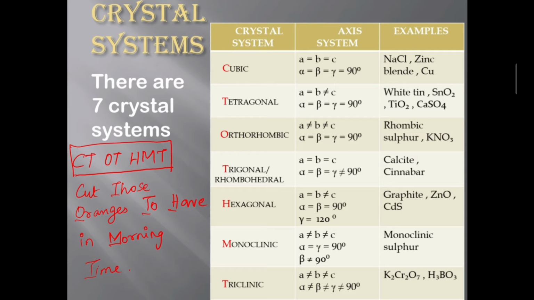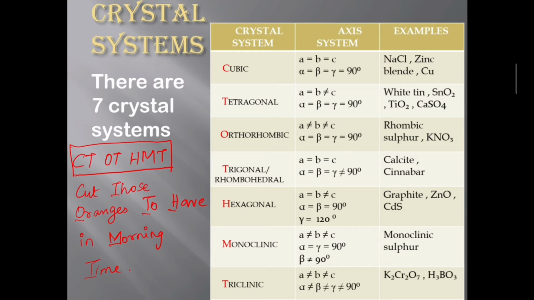So now moving on to the axis system. Firstly, to describe a crystal system, there have to be some parameters to be described before. So these parameters will be helpful for us to describe the crystal system. These parameters are axial distances and axial angles.